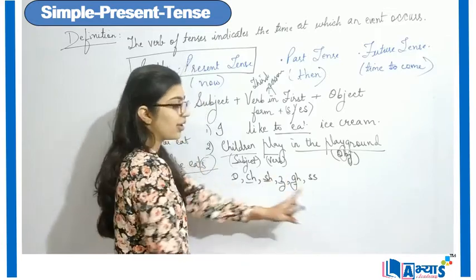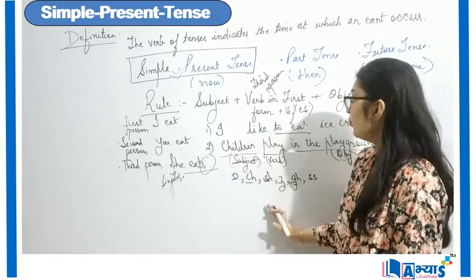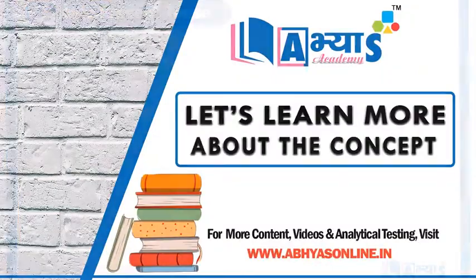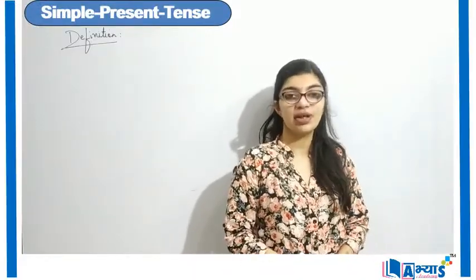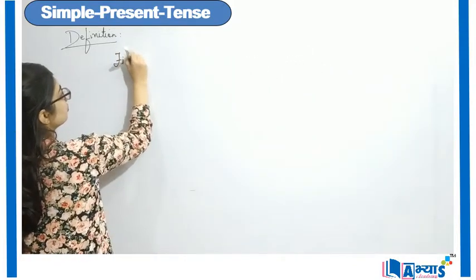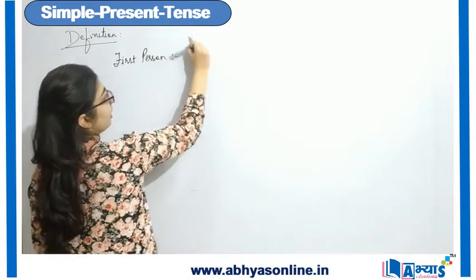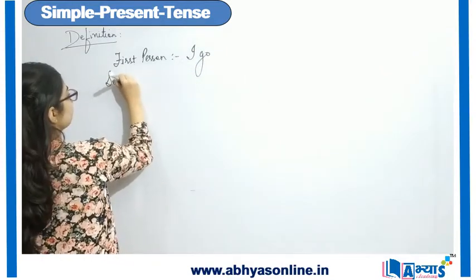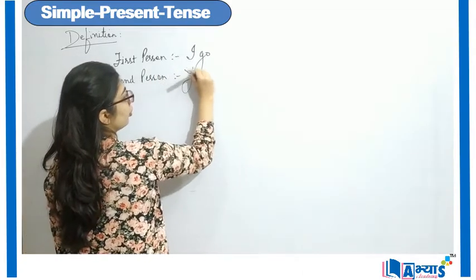Some are letters, some are words, right? If the words end with these letters, then we make use of es only for the third person. So examples of such words can be, now in first person, it can be I go. In second person, it can be you go.